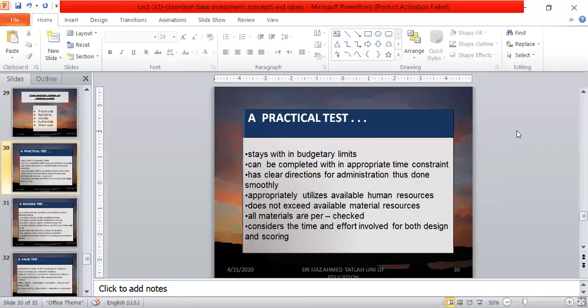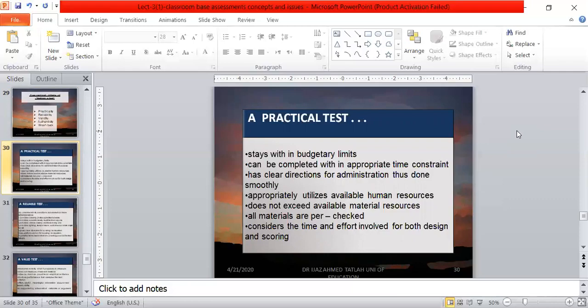Therefore, when we say the test should be practical, it means it stays within the budgetary limits. No extraordinary expenses. It can be completed within appropriate time constraints. No extra time is needed to be provided to the participants to complete this test because it is calculated earlier.